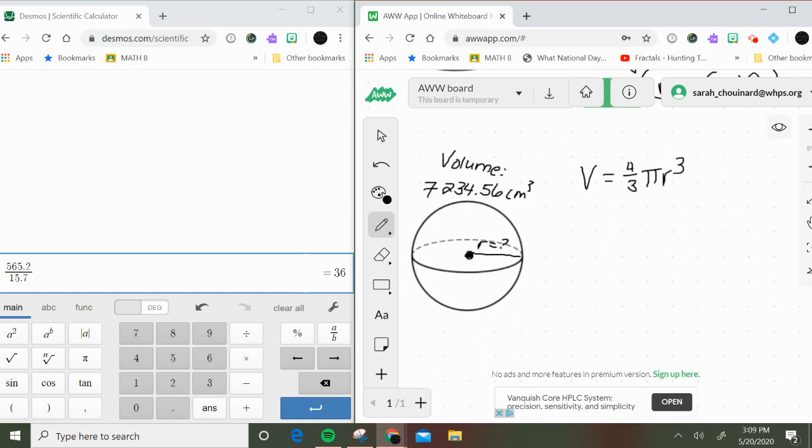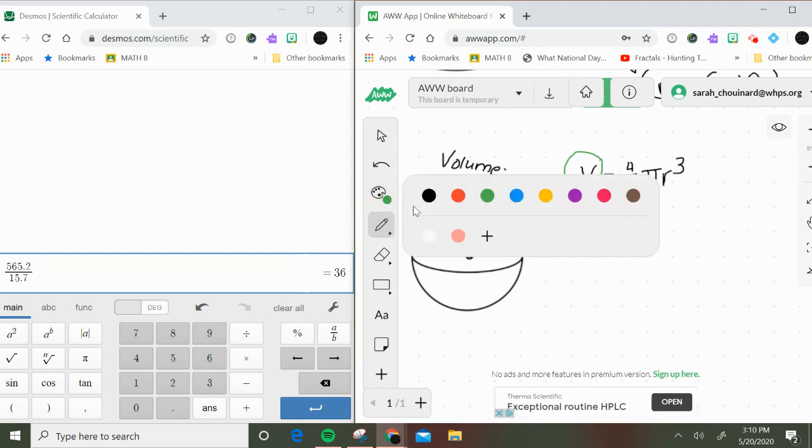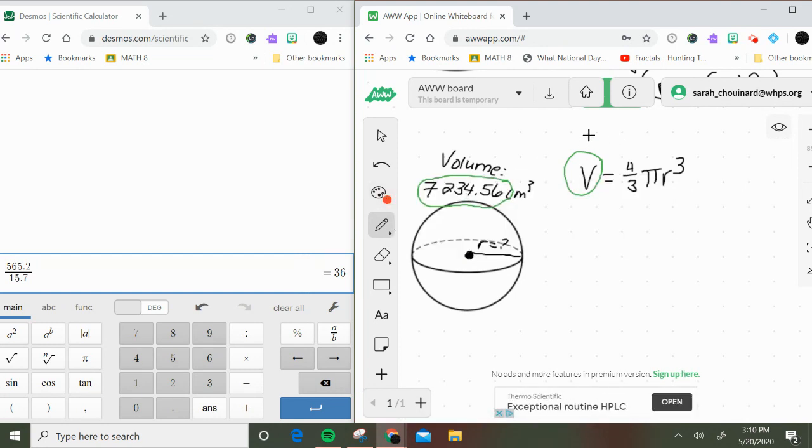We're also going to have to solve some problems with spheres. So here we know the volume is 7,234.56, so that's going to get plugged in for V. And then the only other variable or unknown in this problem is r. So we're still going to use 3.14 as our value for pi.